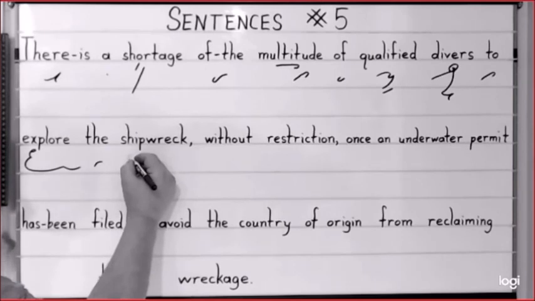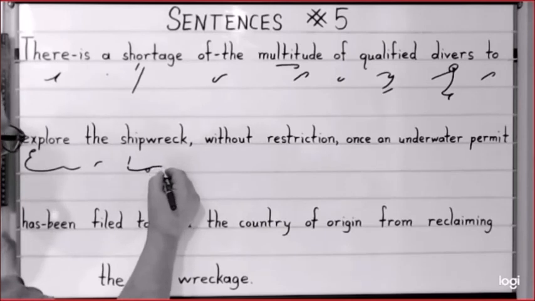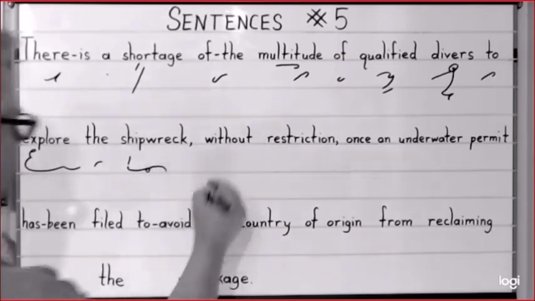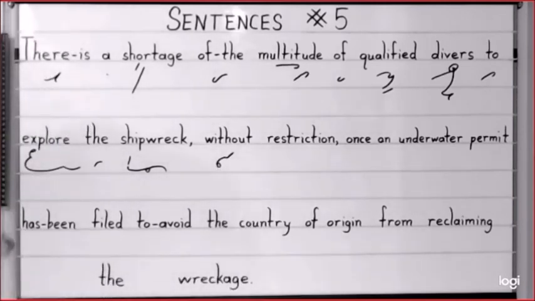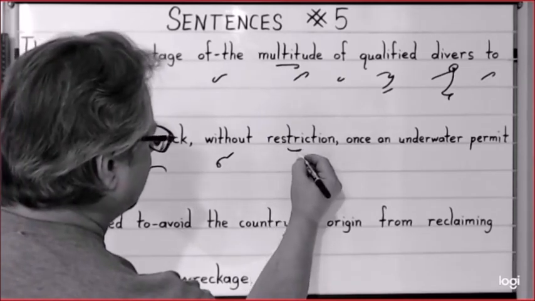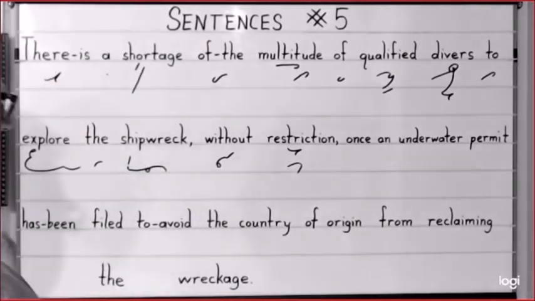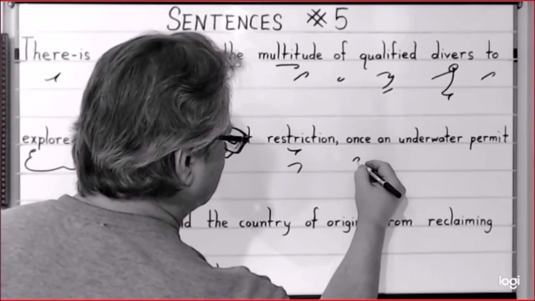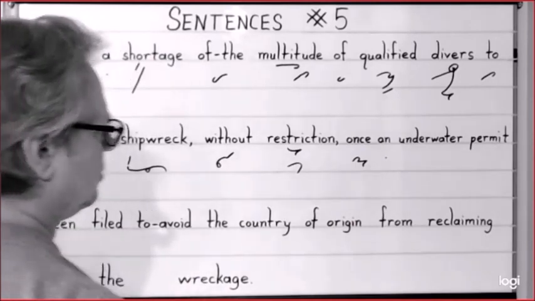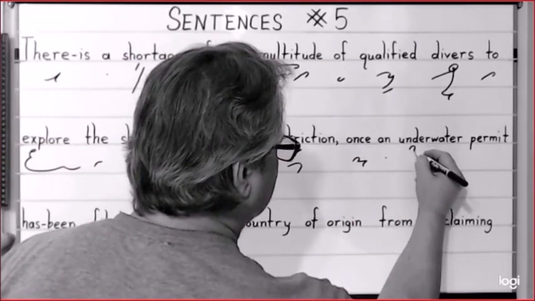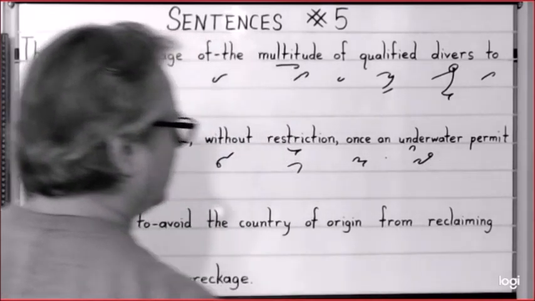Shipwreck is an SH closer to the line than an R, E, K. Without is an E, a TH, and a T. Restriction is R, S, then a disjoined K, and then an SH. Once is a U, N, S. A or an is a dot. Underwater is the U above the line, and then U, O, T, reverse circle E.